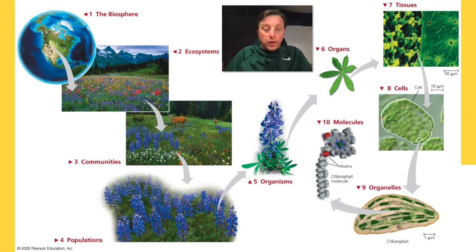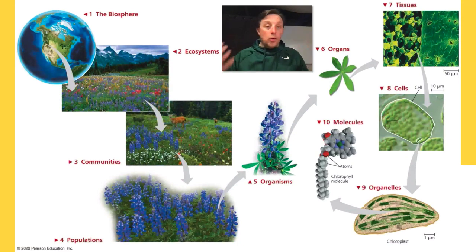So if we pick organisms, right, we can know exactly how this flower functions on an organism level, but once we get them all together in a population, that population has new properties, and it will behave in certain ways that if we only ever looked at individual organisms, we may not predict those properties. Right? And the same thing with going up another level to communities. Right? Once we start adding in different species, they're going to interact in certain ways that are unique.